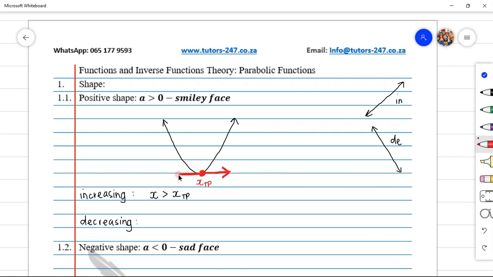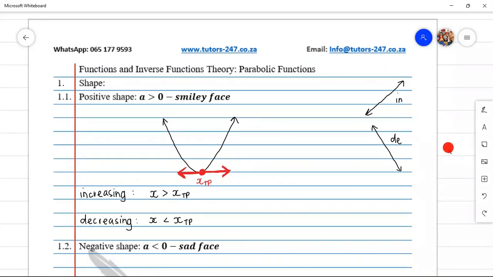So if we were to draw our arrow, draw arrowhead, and that shows that to the left side, so our arrowhead is pointing left, so we can just copy that, and that means that for all the values of x less than the x value of our turning point, this function is a decreasing function.